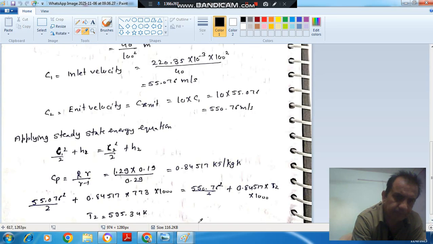So Cp comes out as 0.84517 kilojoule per kilogram per Kelvin. So here we can put Cp into T1 and Cp into T2, and these are the kinetic energy terms, at outlet and at inlet. From this, the only unknown is T2, so T2 comes out as 595.34.